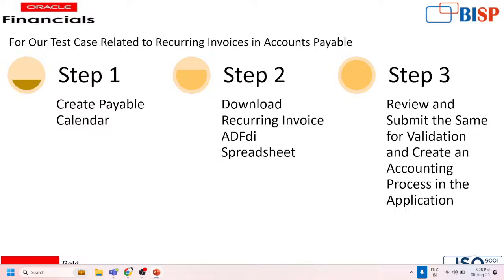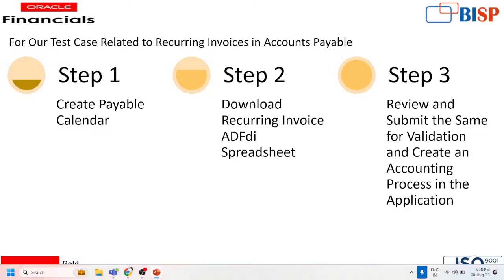It is a tool, and we will fill in the required details, then we can review and submit the same and validate the invoice in the application and run the create accounting process in the application also, right?